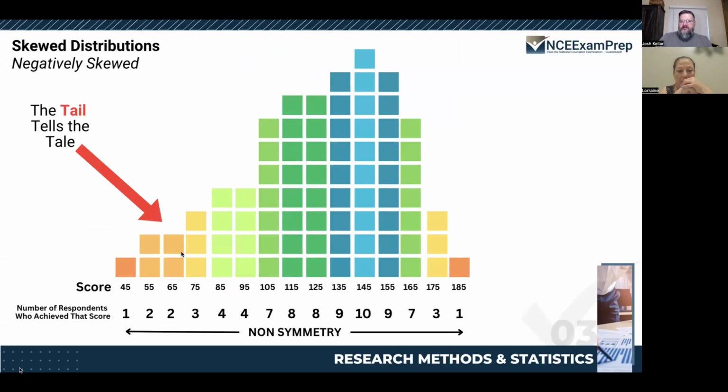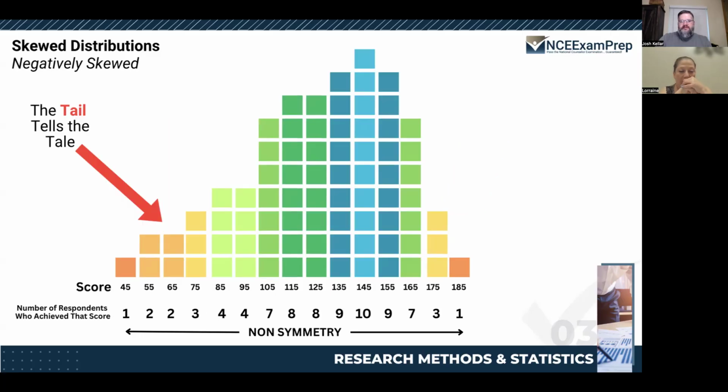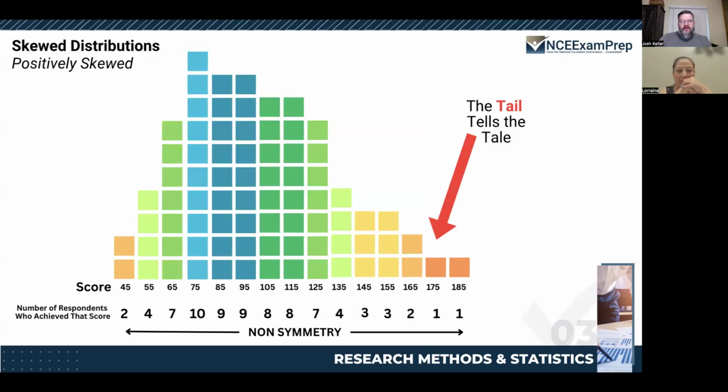The tail is the long end of the curve. And so here we have a long end of the curve over here on the left side. The left is going to be negative and right is going to be positive. So if it was right here, this would be a positively skewed test distribution. This is negatively skewed.